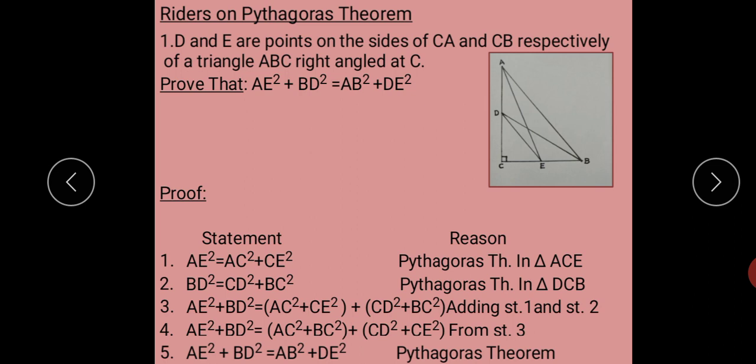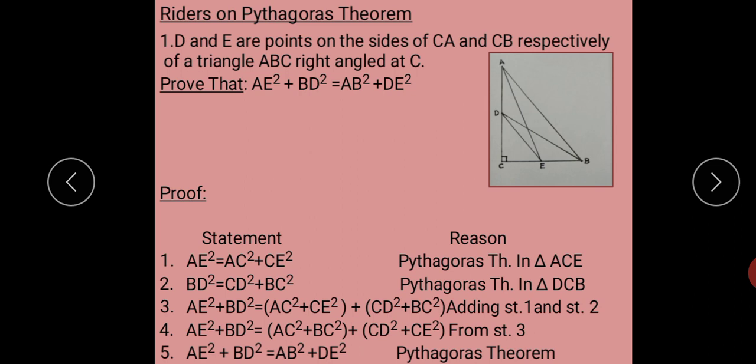And this is what is asked to prove. Just in 5 steps, we have proved the rider. Now this is a very simple rider. This can be asked for 2 marks because in this rider we have just applied Pythagoras theorem to two triangles and then added the two statements to get the final answer.